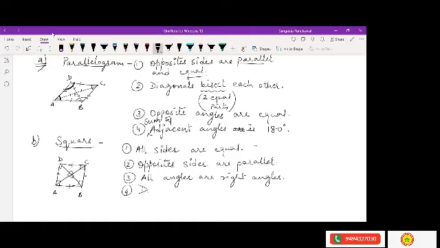About diagonals you can write, diagonals make 90 degree angle with each other. Yes?